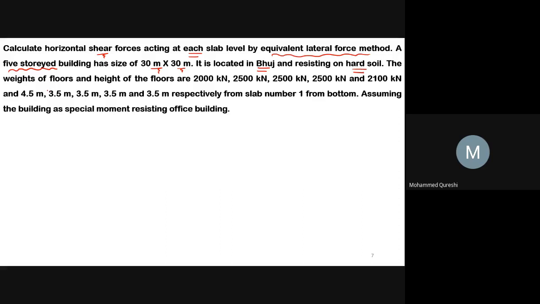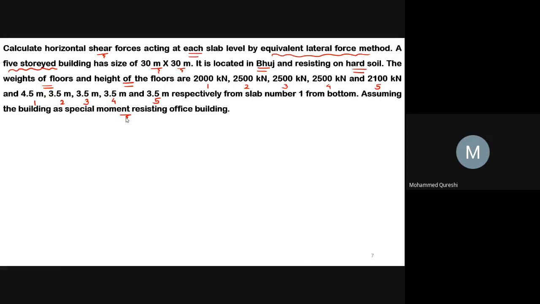The weights of the floors are 2000 kilonewton, 2500 kilonewton, 2500, 2500 and 2100 kilonewton, and the heights are 4.5 meter, 3.5 meter, 3.5 meter, 3.5 meter and 3.5 meter respectively, from slab number 1 from bottom. Assuming the building as an SMRF office building, the importance factor is 1.